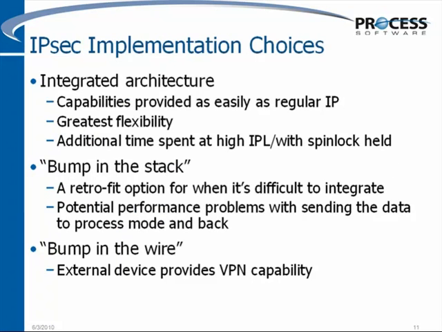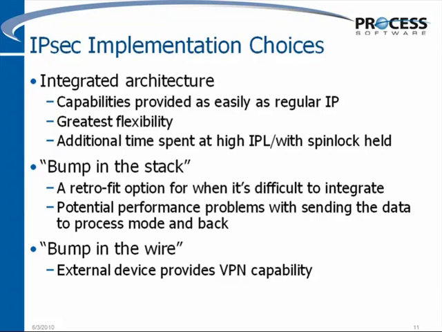As for the implementation choices of IPsec, you can make it happen in a variety of ways. An integrated architecture, which is what MultiNet has chosen, is built right into the IP stack. It provides a significant amount of IP flexibility. It does have one downside: it can cause additional time spent at high IPL with spinlock held, and introduce a little bit more performance delay for any traffic. Then there's what's referred to as a bump in the stack, where you put the encryption and such work outside in process level code.